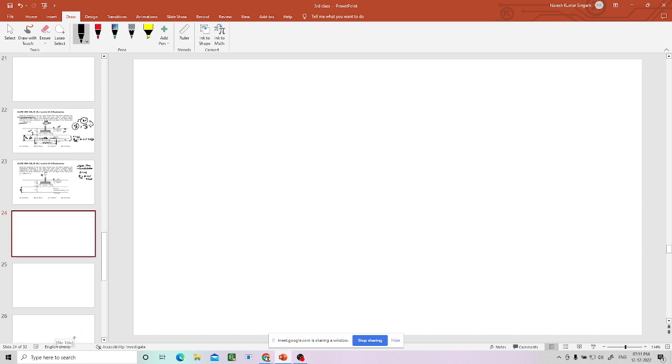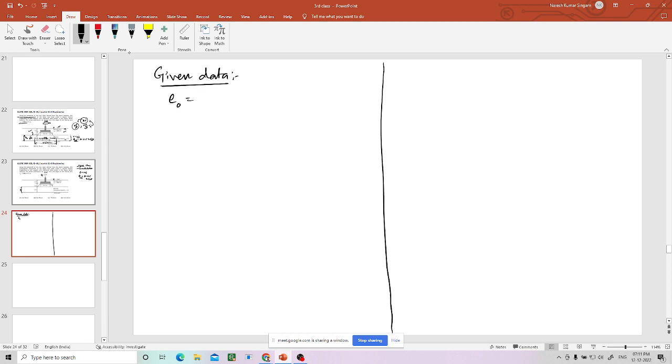Okay, let us write again. First, I'll write the given data on the left side, so I'll divide into two parts. Given data is the initial void ratio that we have calculated. We have been given gamma sat of clay, given means we have only calculated, 20.625.